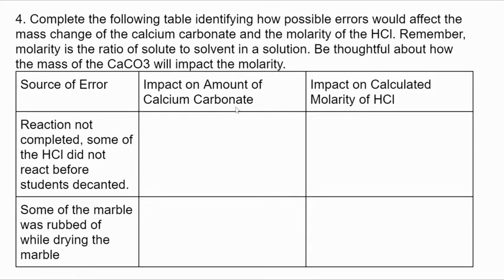So, what would be the impact on the amount of calcium carbonate, and thus the calculated molarity of hydrochloric acid, if the reaction was not fully completed? Some of the HCl did not react before the student decanted. And how would the calcium carbonate mass and calculated molarity be affected if some of the marble was rubbed off while drying the marble? Pause me, please, and answer those two questions.